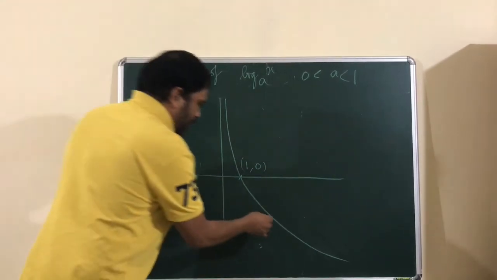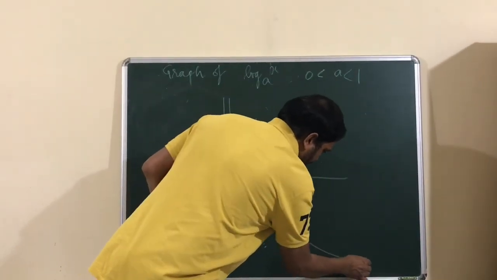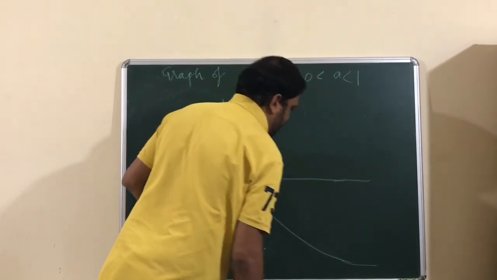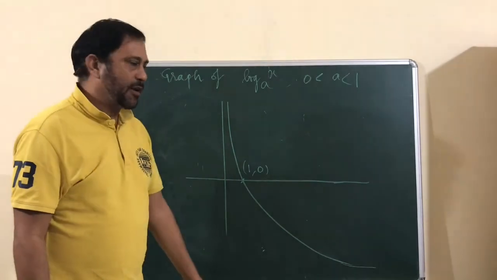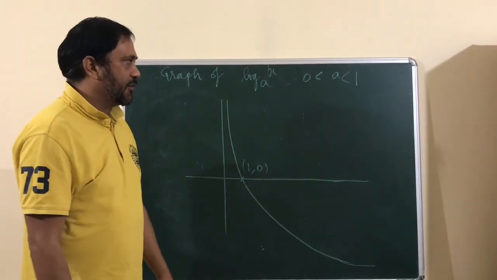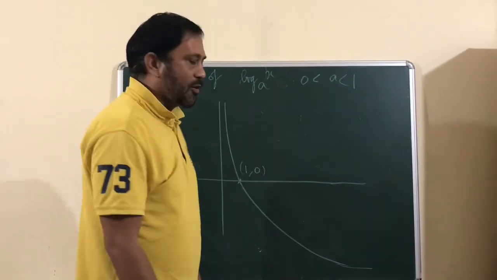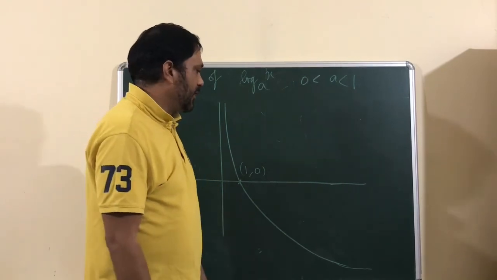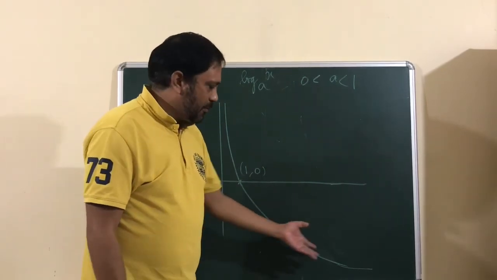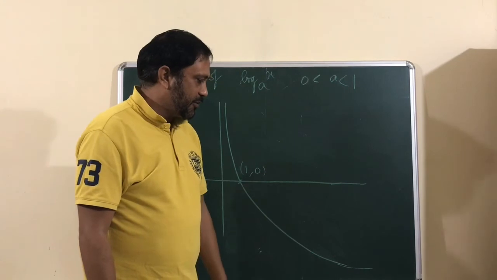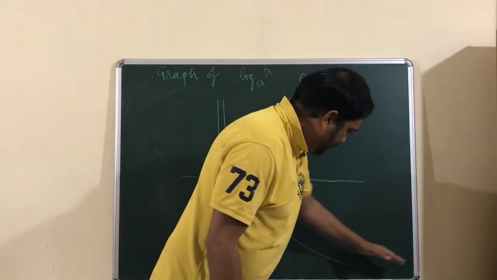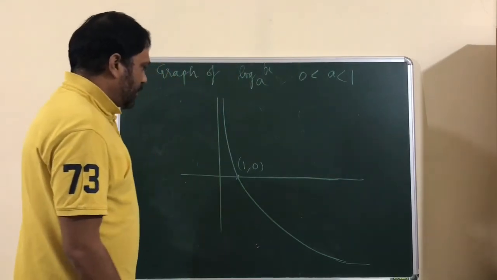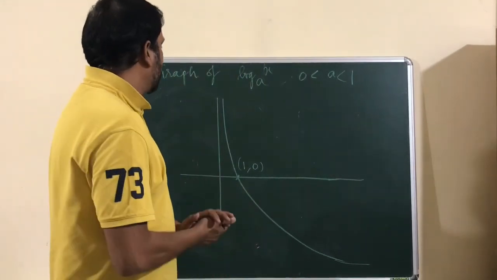You can also see this graph will be horizontal when you reach infinity, because again the derivative of log of x base a is 1 by x along with the factor of log of a base e, but that is a very small number, so when x approaches infinity, 1 by x will be 0. That's why the graph becomes horizontal here.